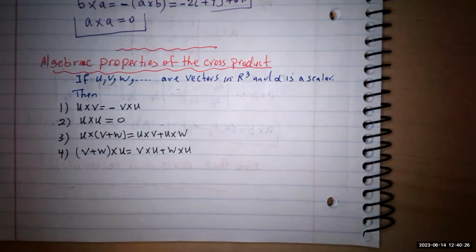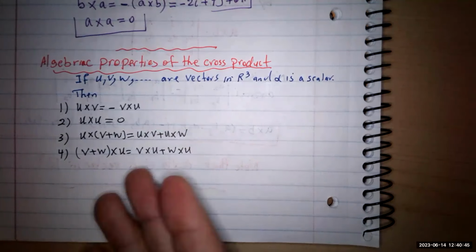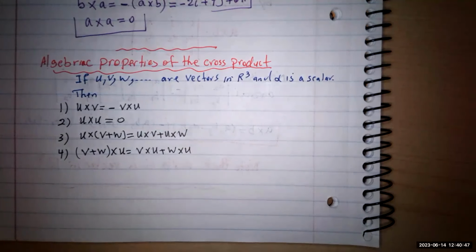We need these because when we talk about differentiation, for example, you are going to have the product rule for the vector valued functions. In that case, it depends what type of product you use. If you use cross product, you are going to use the product rule for the differentiation. So these are where you are going to use it in the future.